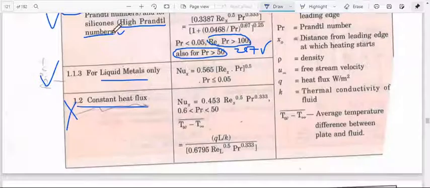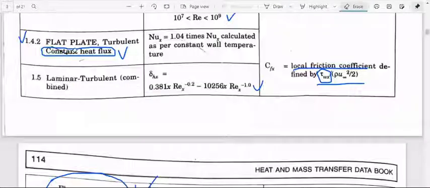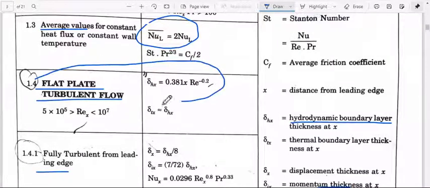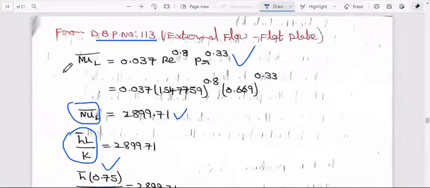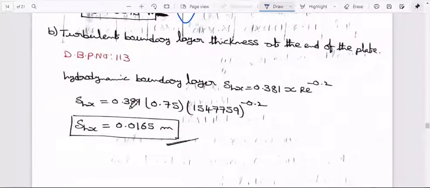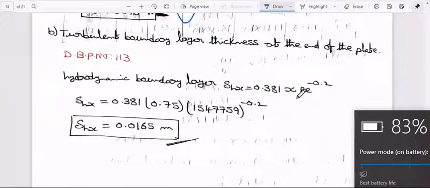So here, if you observe, the hydrodynamic boundary layer condition is delta Hx equal to 0.381 x into Re power minus 0.2. So this is the turbulent flow hydrodynamic boundary layer formula.